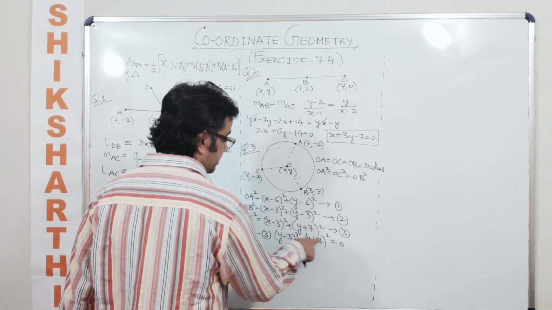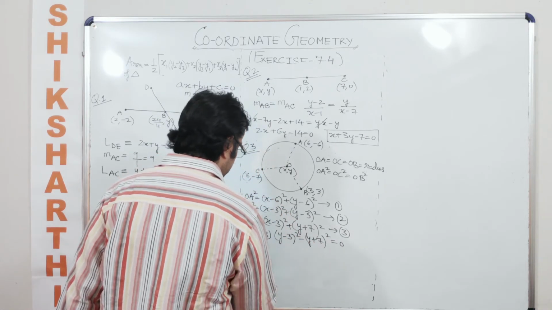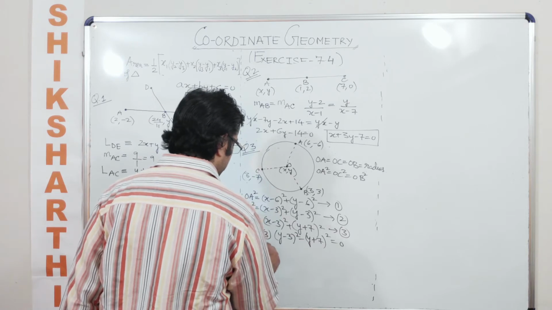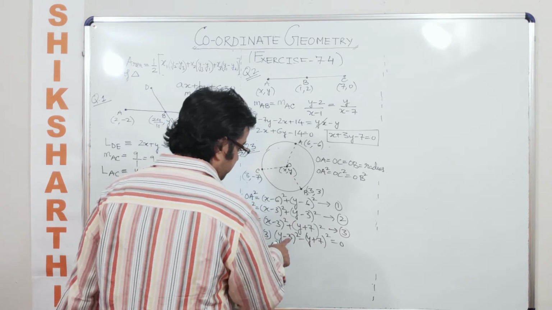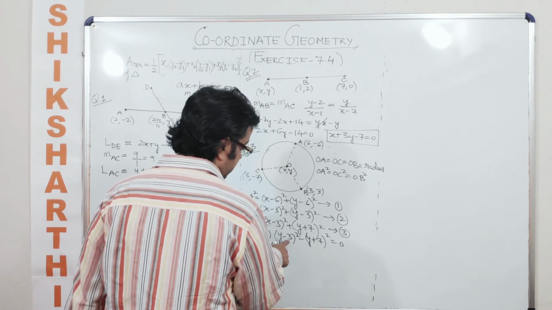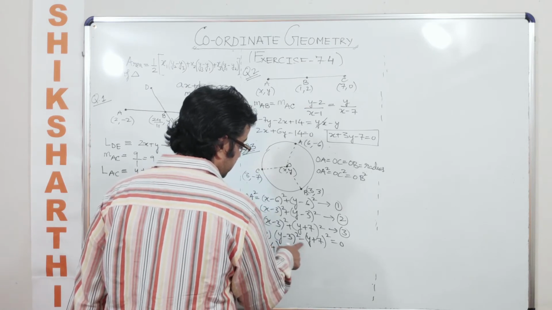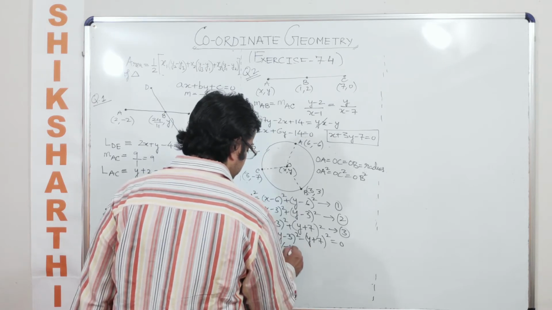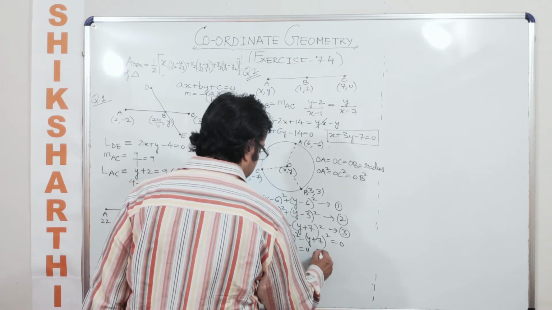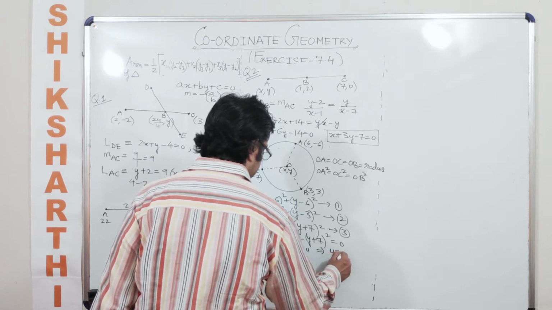So use the formula a square minus b square. Once you add, you get 2y plus 4, and then you subtract: y minus 3 minus y minus 7 gives you minus 10. So from here you are able to get the value of y as minus 2.